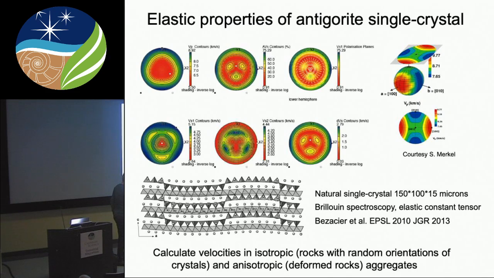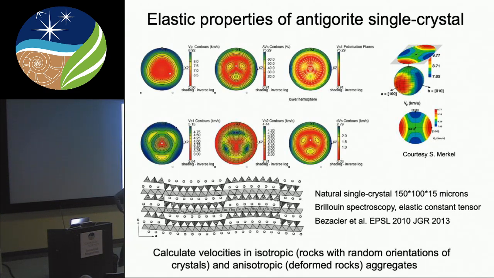So we use a natural single crystal, and this is about the size of the sample that we've used for several years. We use only one crystal throughout the whole process of making measurements from ambient conditions to high pressure.